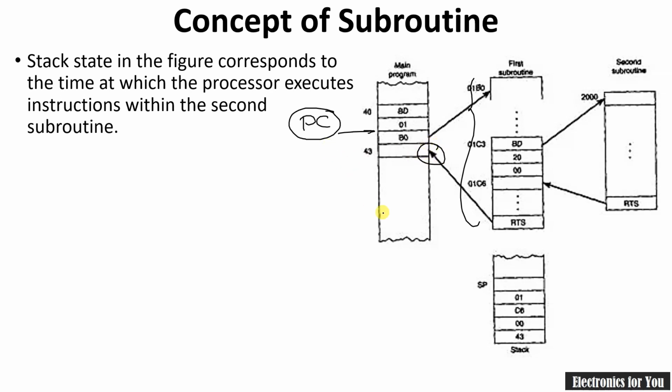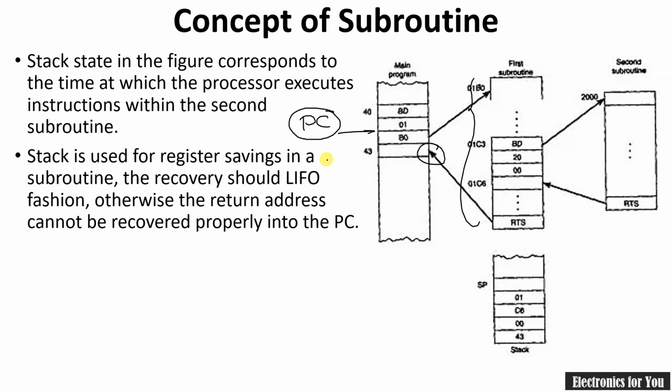Therefore we require some memory location to store this value of the program counter, which indicates the next address to return to from the subroutine program. Therefore it is stored in a memory location known as the stack.